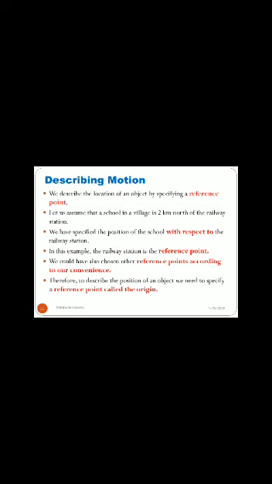Suppose you are asked where your school is, you can say my school is 2 km from the railway station, but how far is it from your home? You can say that the school is 5 kilometers from my home. So when the reference point changes, the distance also changes, and therefore to describe the position of an object we need to specify the reference point, which is also called an origin.